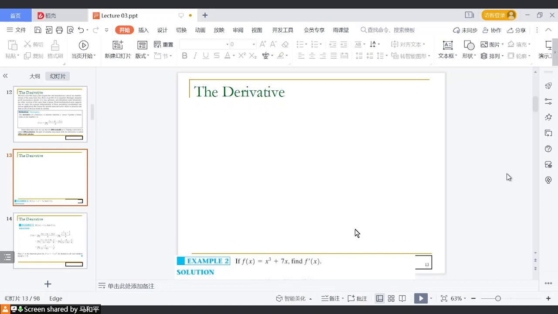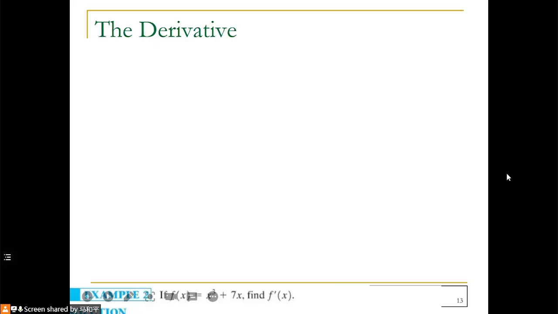Try to find f prime of x. By definition, we know f prime of x is equal to the limit as h approaches 0 of f(x plus h) minus f(x) over h.